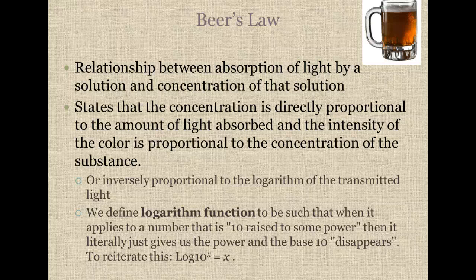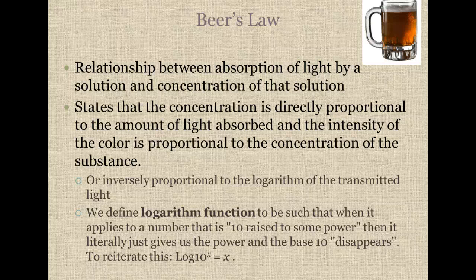If you were to shine a flashlight through two different beers, one of them being a really strong microbrew, and the other one being a really weak domestic light beer, the one with the least amount of absorbance, or that transmits the most light through the beer, would be the light beer because it's got a lesser concentration of alcohol.